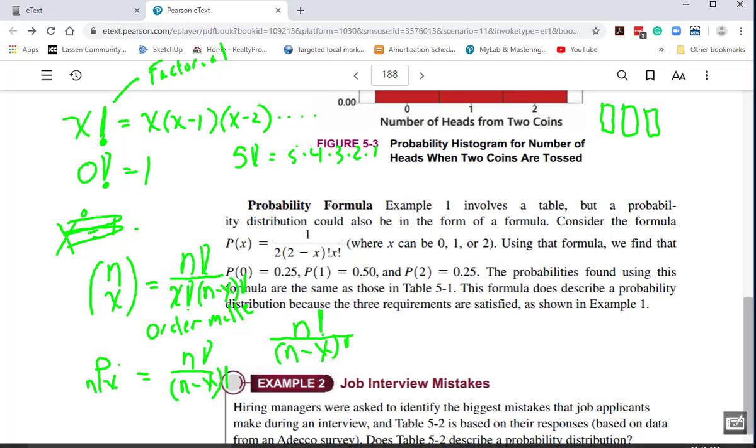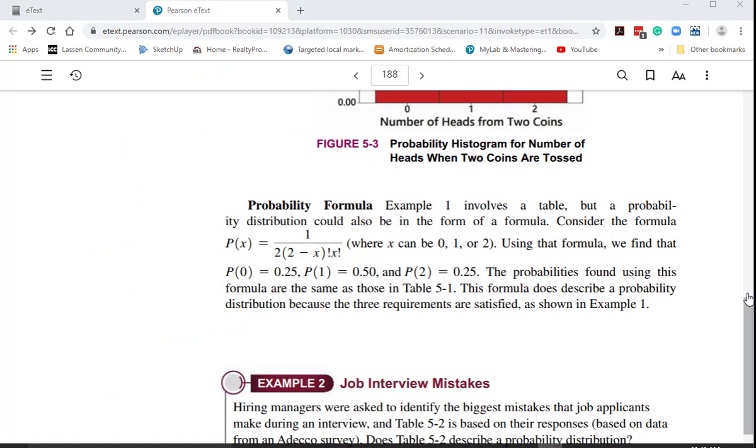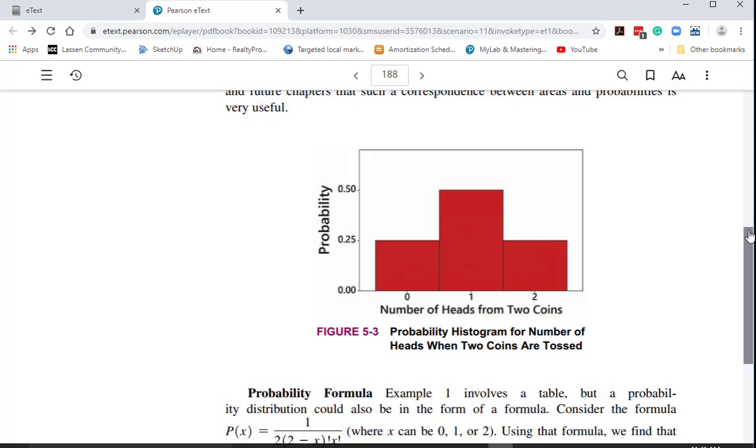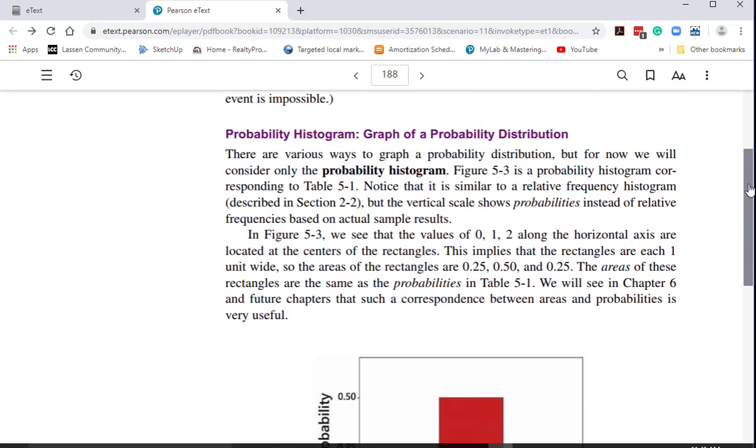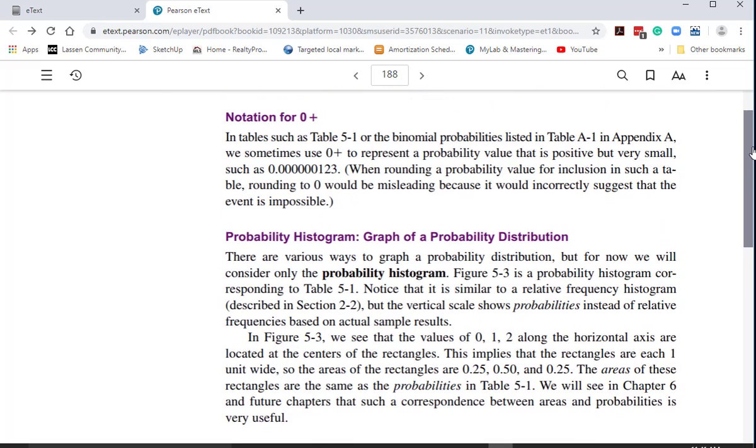Can you explain the problem? Yeah, it's the same one that we've just been going over. This one here came from the one before when we tossed some coins. That was right here.